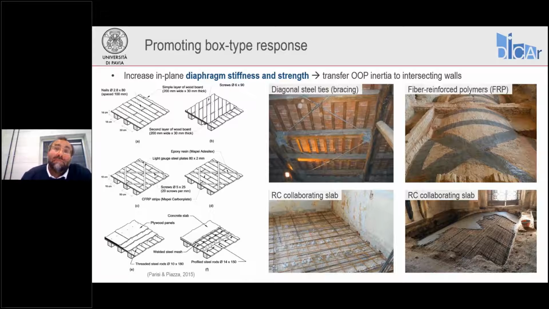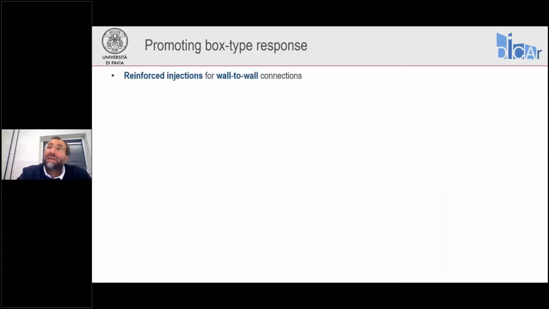Which of them to be implemented depends on the case that you are considering, depends on the specific vulnerability of the building that you are analyzing and possibly strengthening. Now, let's start from the connection between intersecting walls.